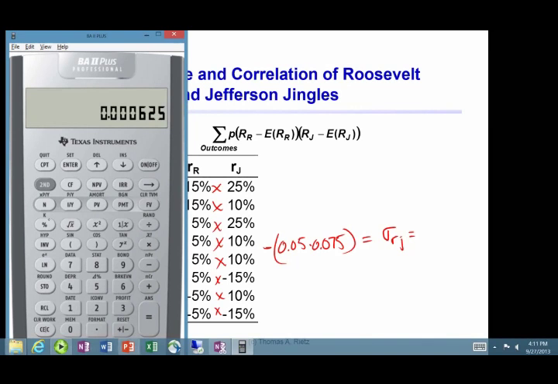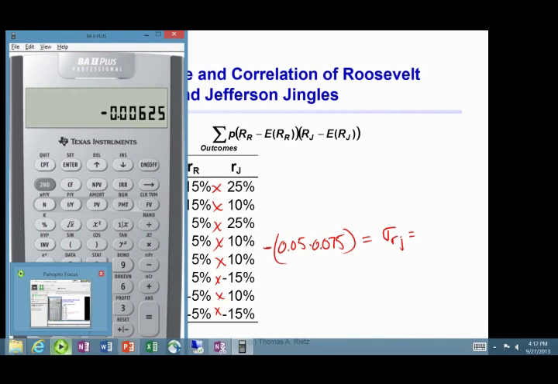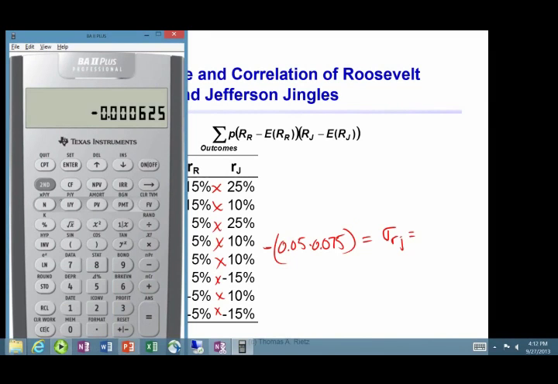Now, number 4 and number 5 are exactly the same, so I'll just store that again. And an eighth of the time, you get 5% and 15% negative. An eighth of the time, you get 5% negative times 10%. And an eighth of the time, you get 5% negative times 15% negative. We're going to add these all up.